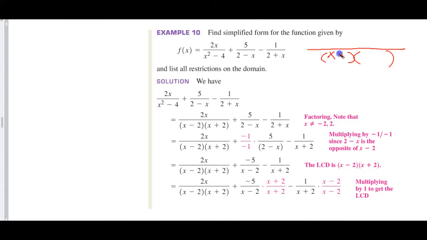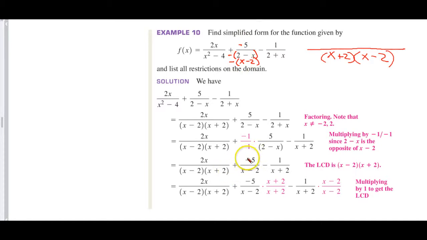x plus 2, x minus 2. Now here I have an x plus 2, that's this one, and here I have the signs that are switched around. So again, if I take out a negative out of here, this will become a negative x minus 2, which is this other one. And I can put this negative sign up here by the 5.